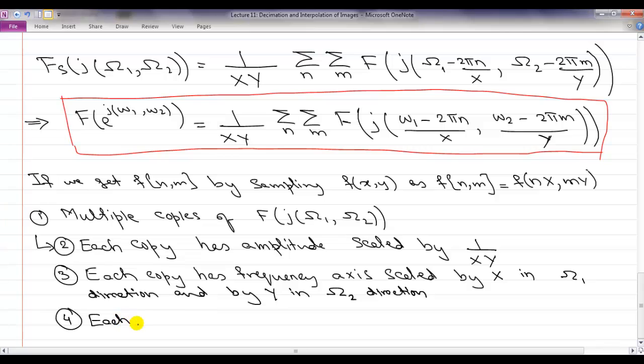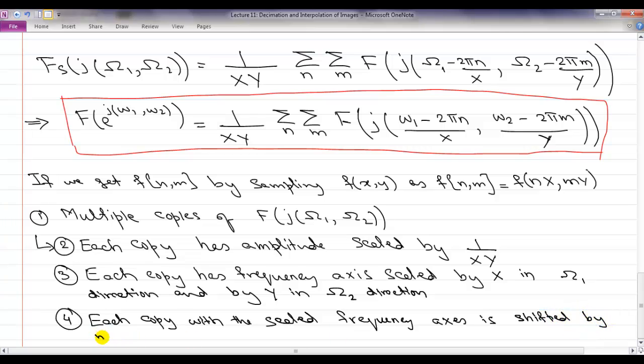So each copy with the scaled frequency axis is shifted by multiples of 2 pi in omega 1 direction and 2 pi in omega 2 direction.